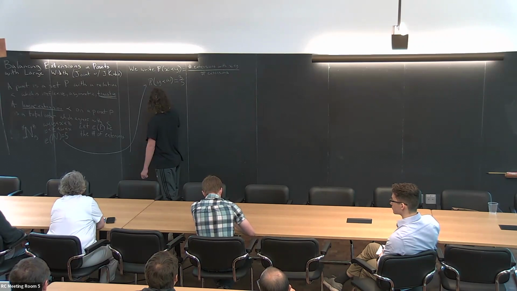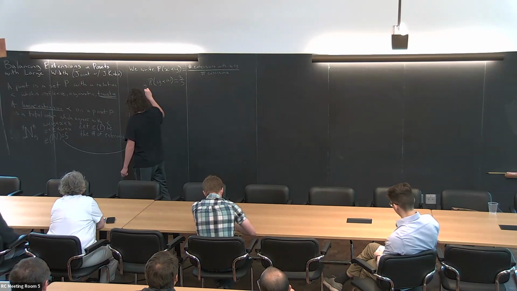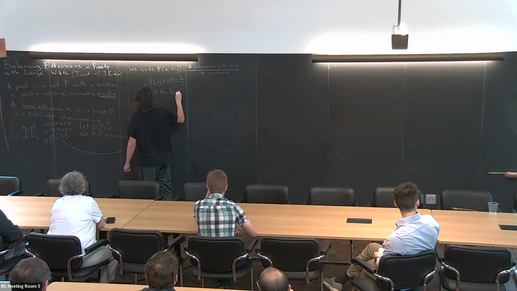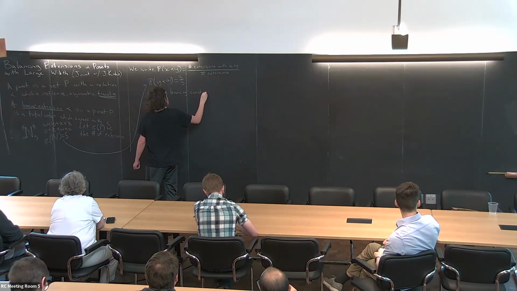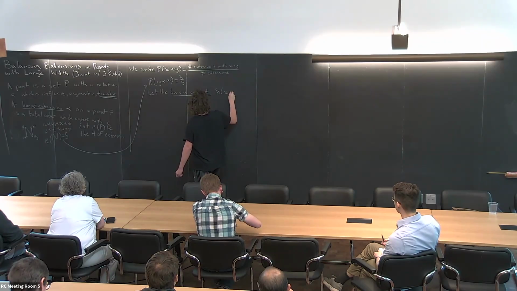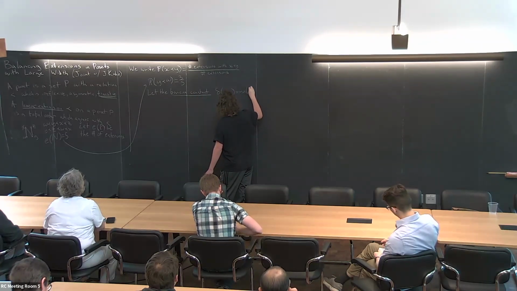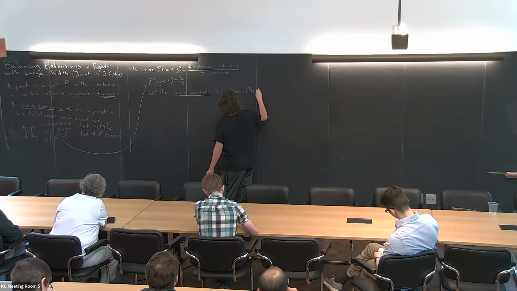Cool. Okay, so I'm going to write, let the balancing constant delta of x comma y be the minimum of the probability that x comes before y and the probability that y comes before x.